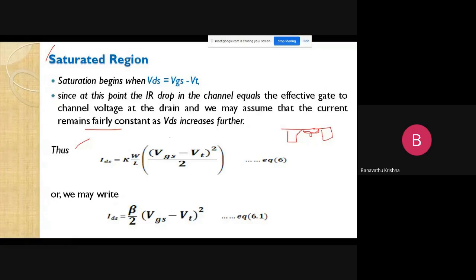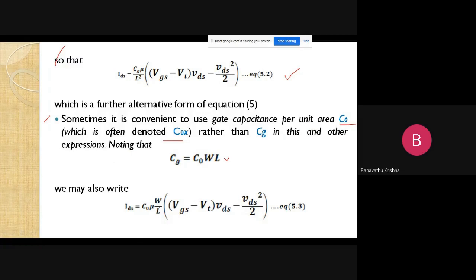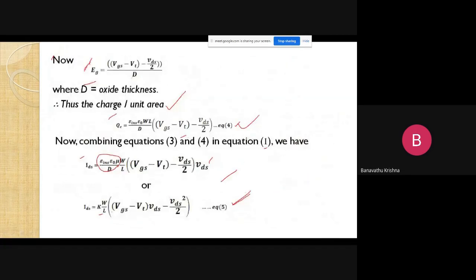In the previous case, instead of VGS minus VT, we can write VDS because the device is in saturation condition. Let us take equation number 5: IDS equals K into W by L of VGS minus VT into VDS minus V square DS by 2. But this is in non-saturation, and we need to calculate saturation mode.